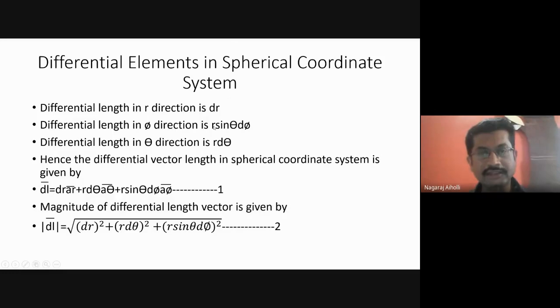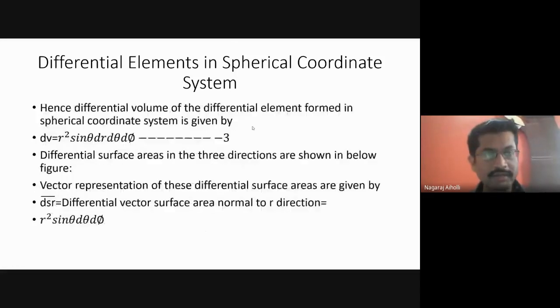Hence the volume dV is r squared sine theta dr d theta d phi. Take it as equation 3.